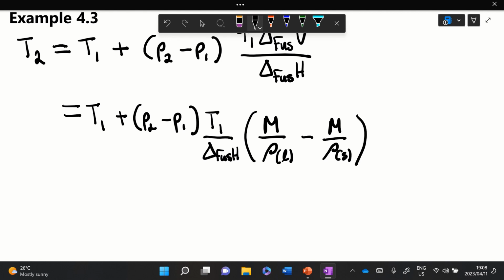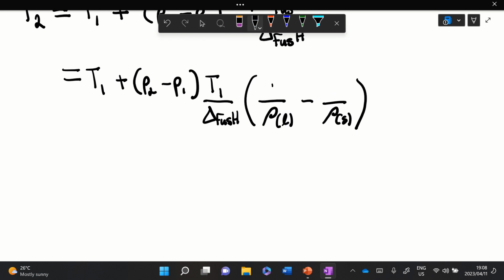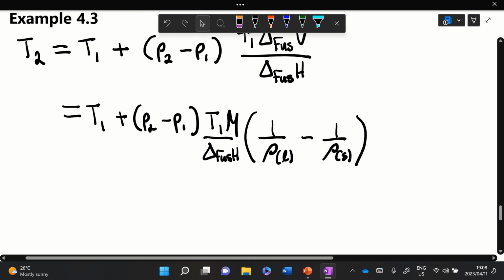Then of course we can take out the molar mass commonly, so it becomes over 1, and the molar mass is over there. Because the molar mass is constant for those two.